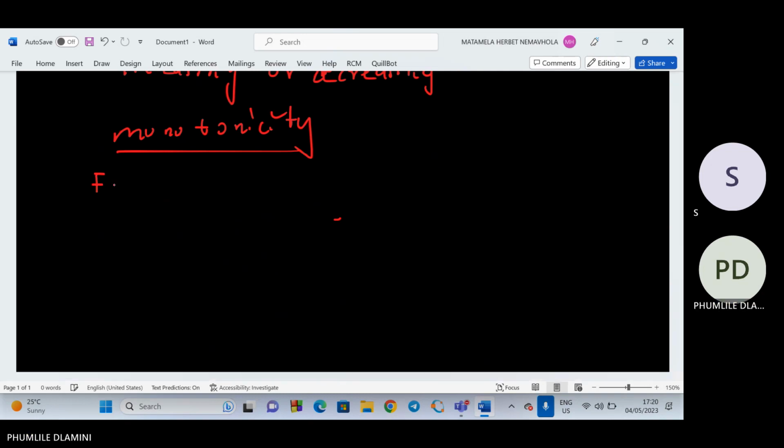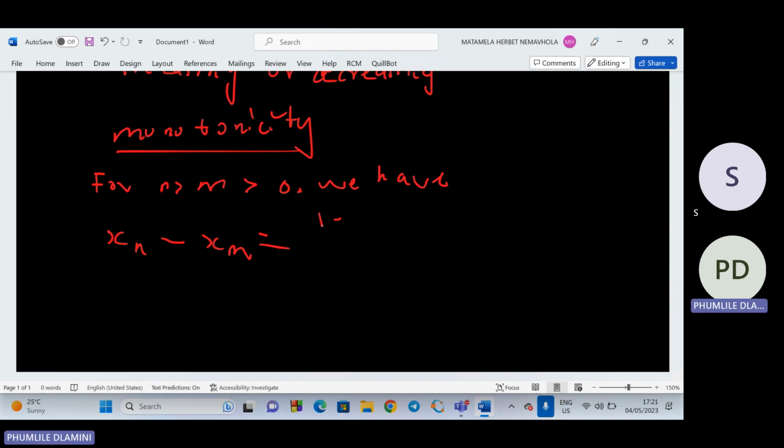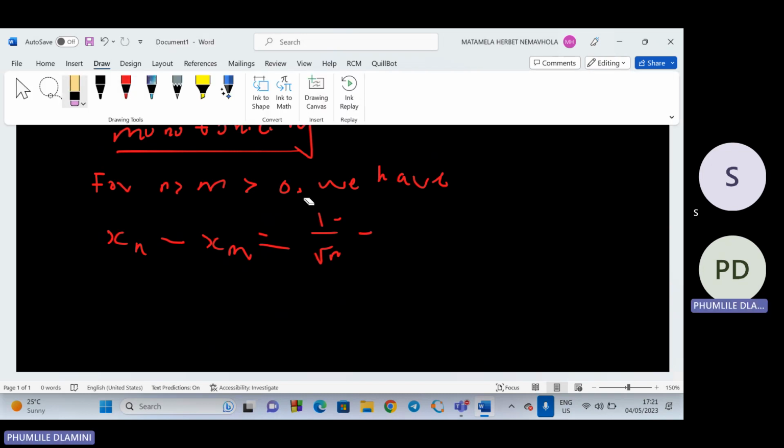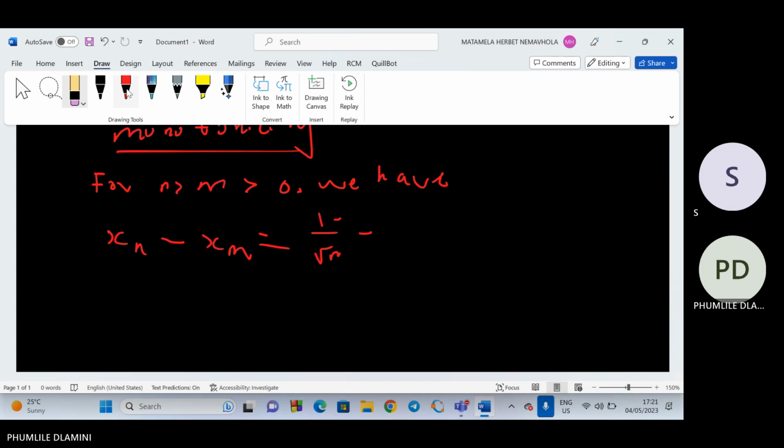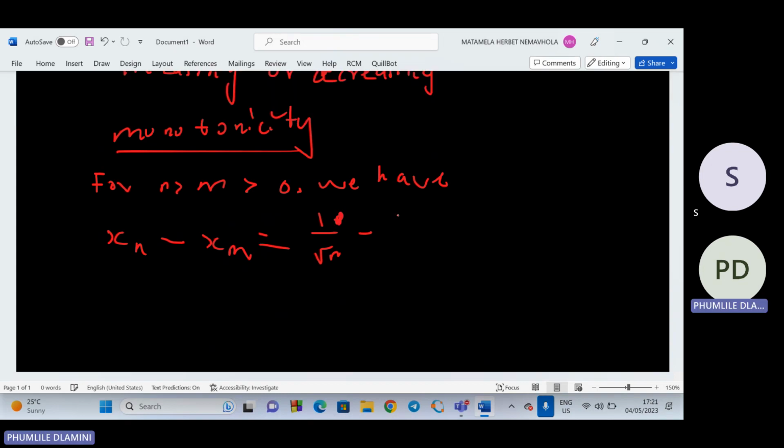for n greater than m, which is also greater than 0, we have xn minus xm, which is equal to 1 over square root of n minus 1 over square root of m.